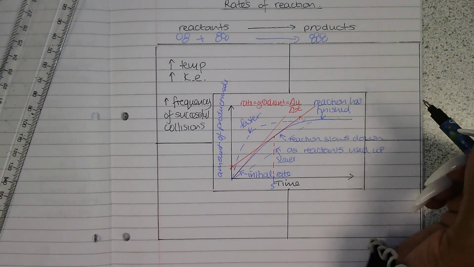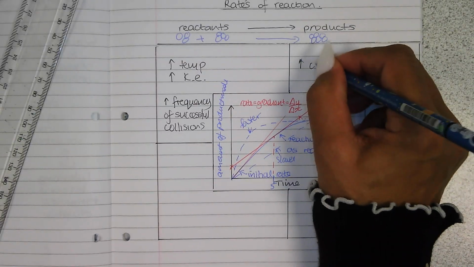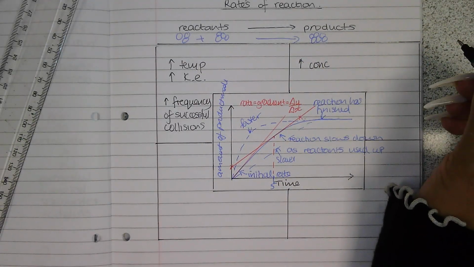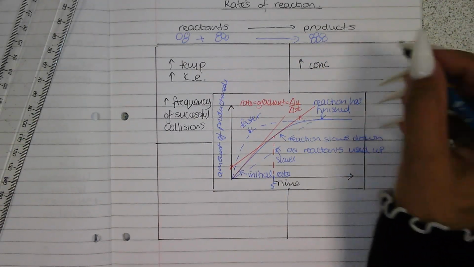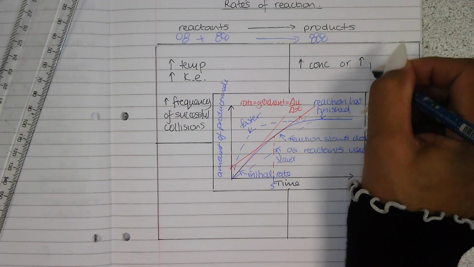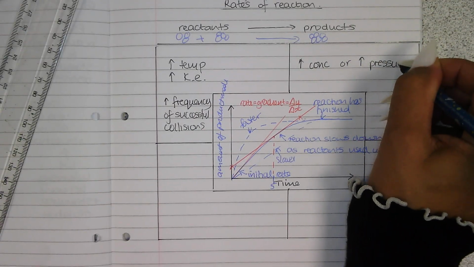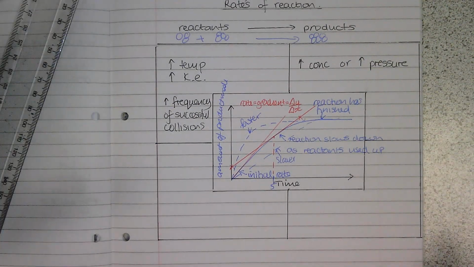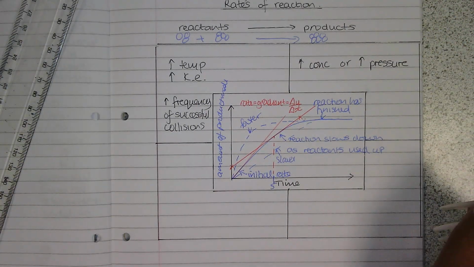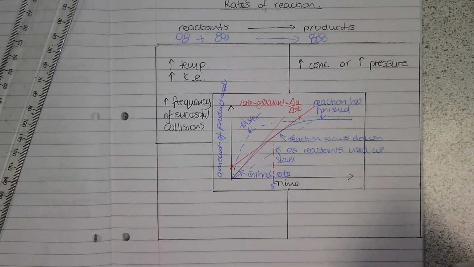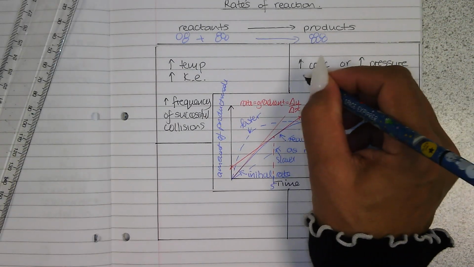Another way to increase the rate of reaction is to increase the concentration of particles or the pressure that the particles are within. Okay. Now, when we increase the concentration, we make the number of particles in a given space greater. Okay.